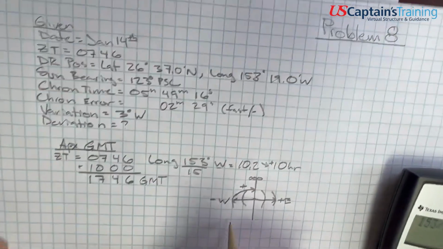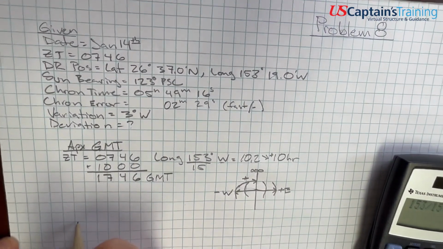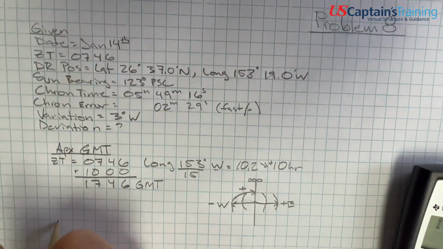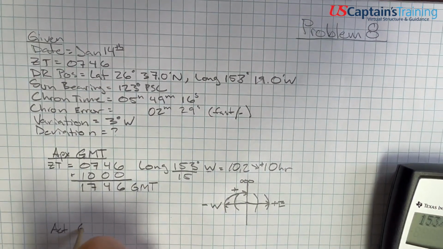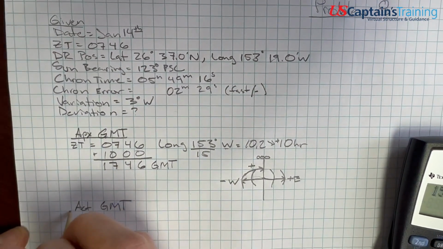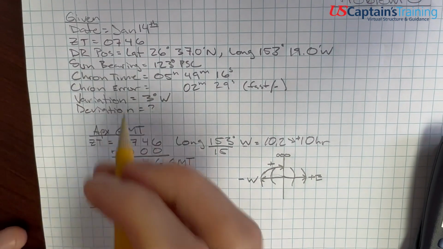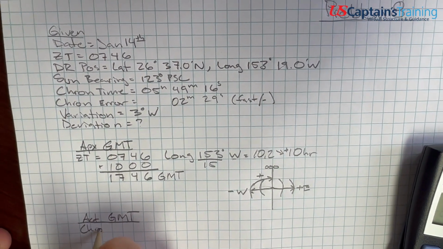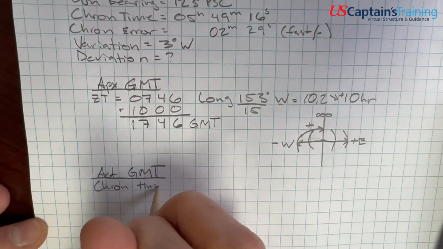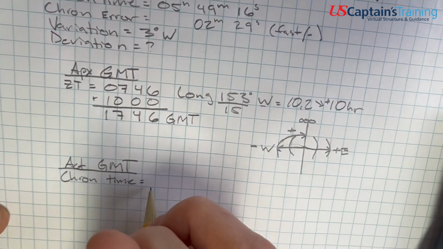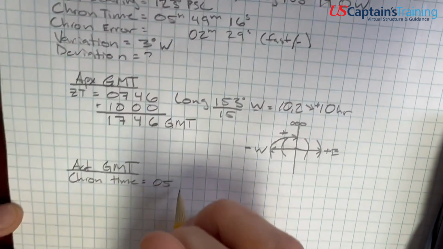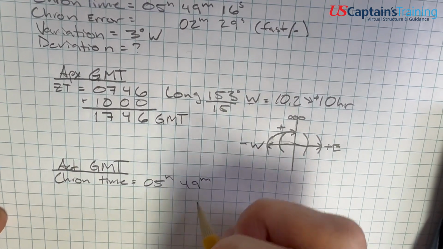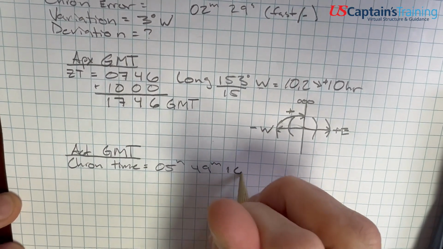Now let's go to our chron time and get the actual GMT. So we take our chron time, 5 hours, 49 minutes, and 16 seconds.